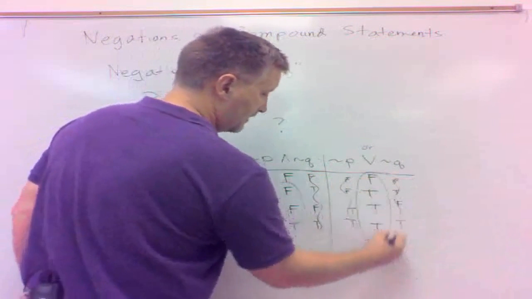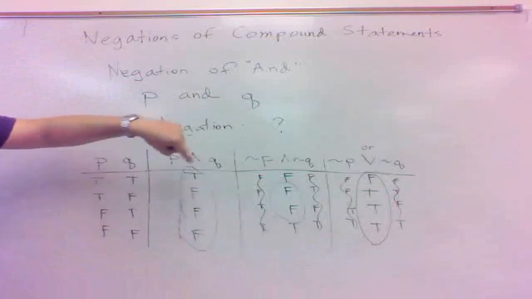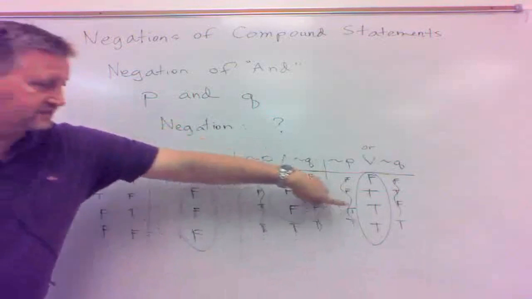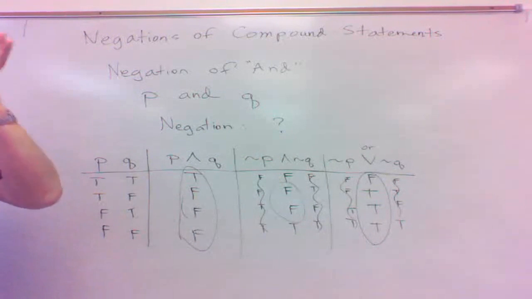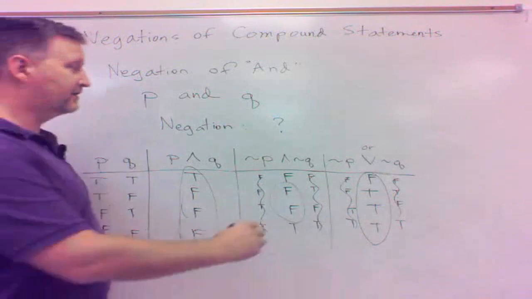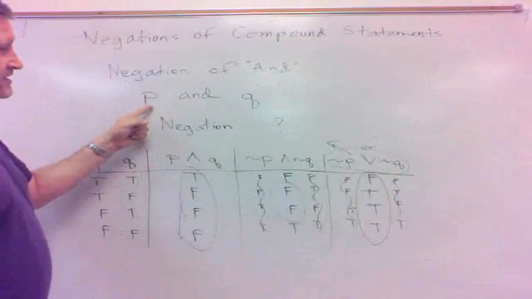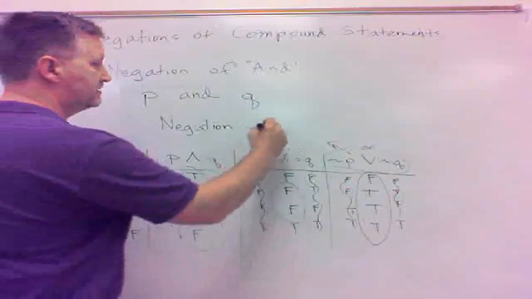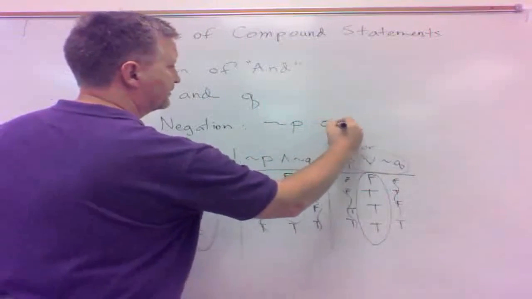And hey, how about that? If you'll notice there, it's exactly the opposite in all cases. So that satisfies that definition of negation. So this is our negation. The negation of the and statement is not P or not Q.